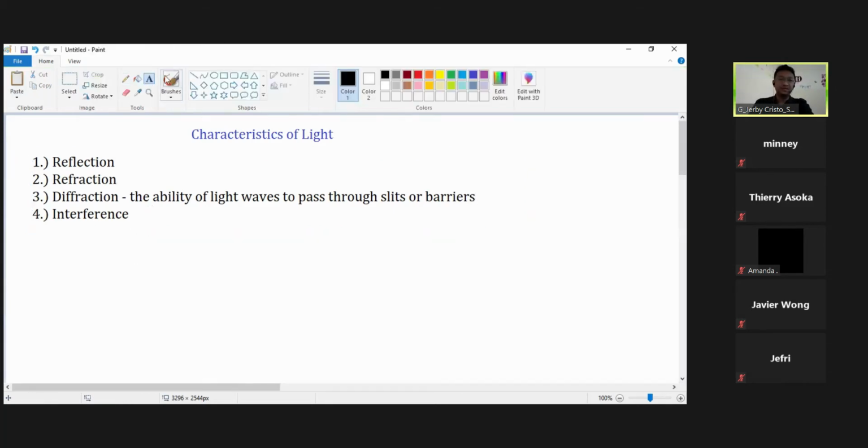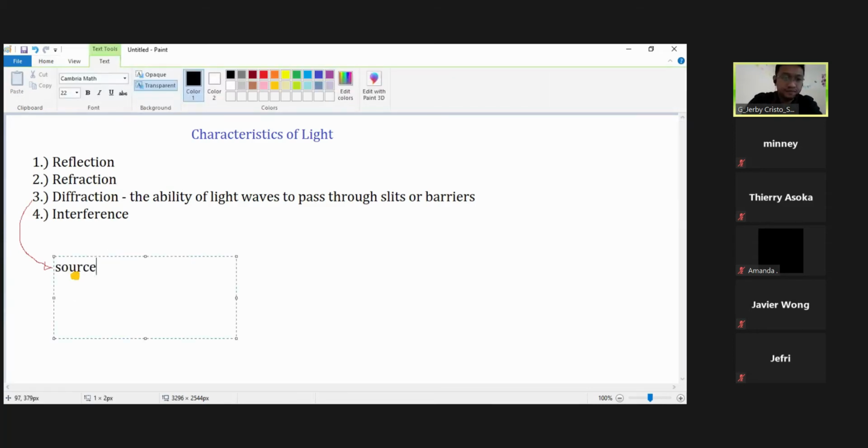So how is that? For diffraction, let's try to illustrate. Let's assume a source of light. For instance, this is the source of light. And then let's illustrate light as waves instead of particles.